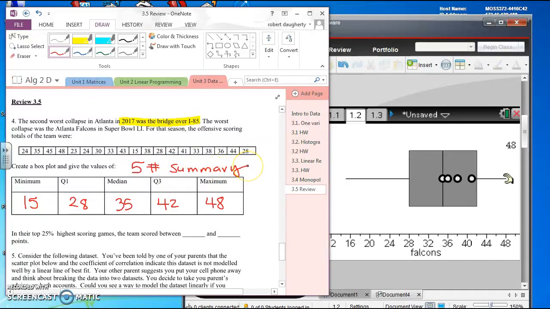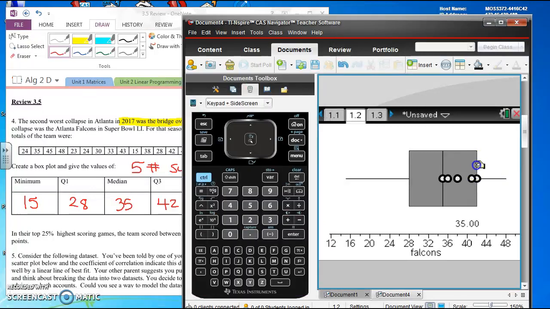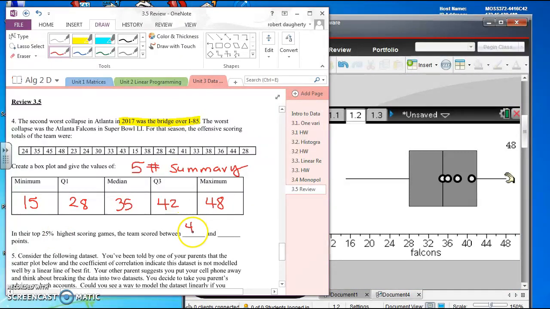Okay. In the top 25% highest scoring games, if I look at my box plot, the top 25% corresponds to right here at the edge of this box from 42 to 48. So in their top 25% highest scoring games, they score between 42 and 48.